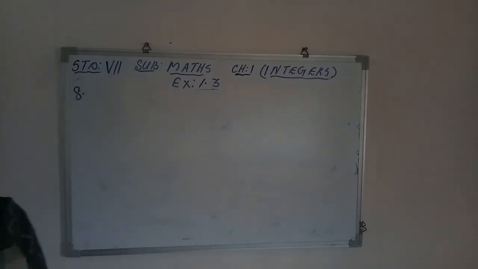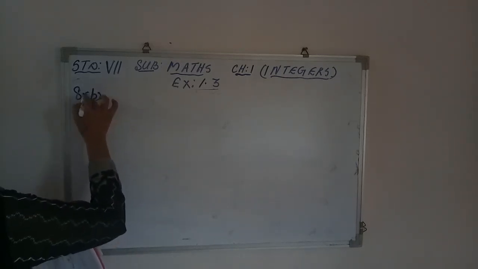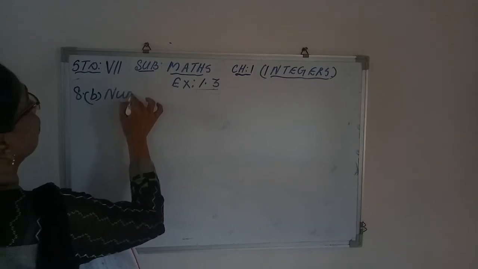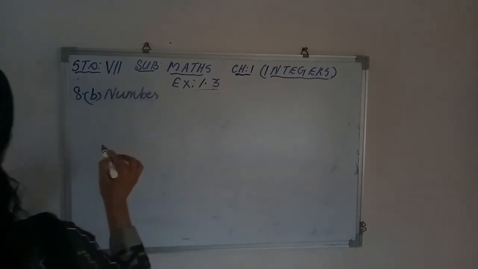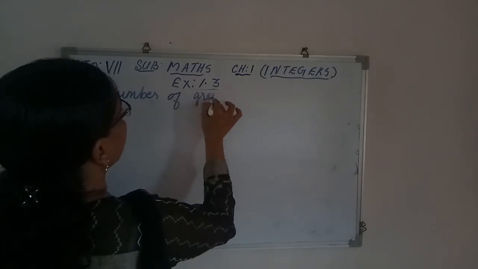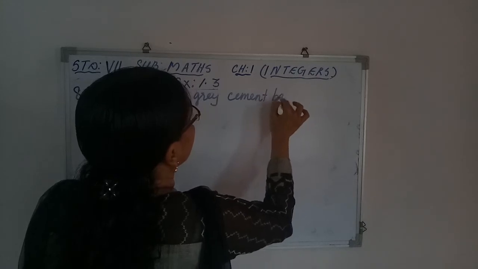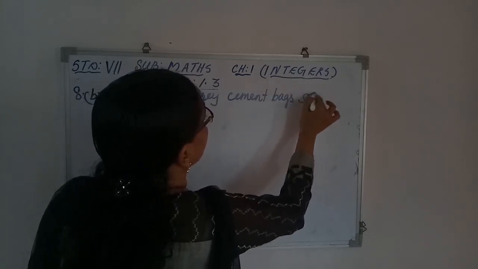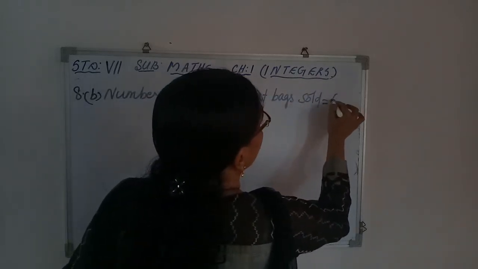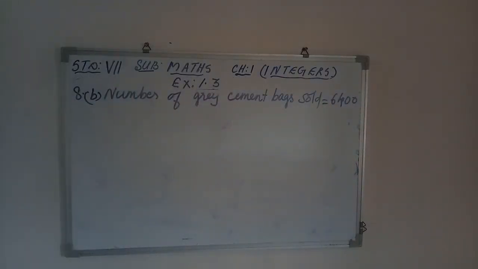So here we can write what is given: number of grey cement bags sold is 6,400.